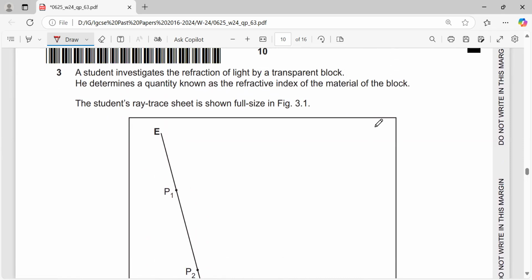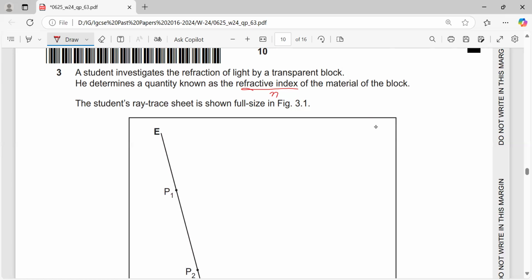Now, he determines the quantity known as refractive index. Refractive index is denoted by the letter n. I'm talking from the point of view of paper 2 and 4 at the same time. One important thing related to refractive index is that it is one of the quantities in our IGCSE physics syllabus which has no unit, because it is a ratio between two same quantities.